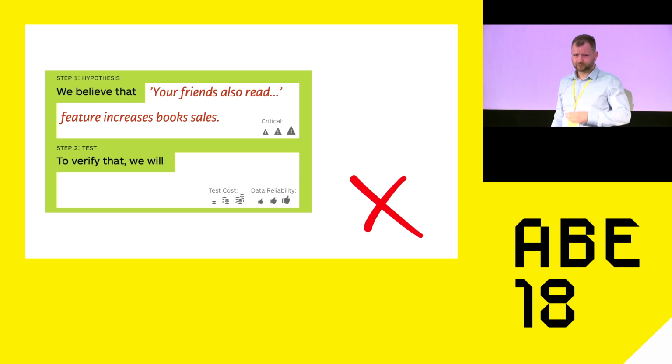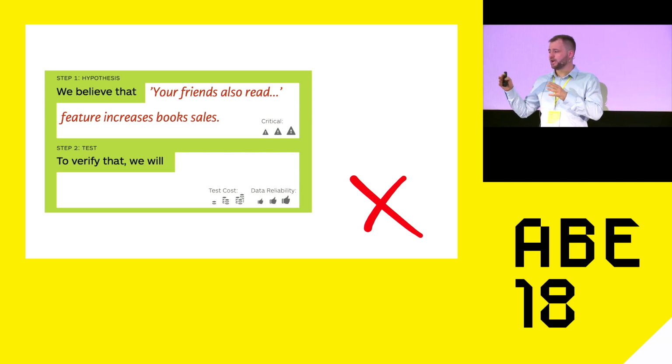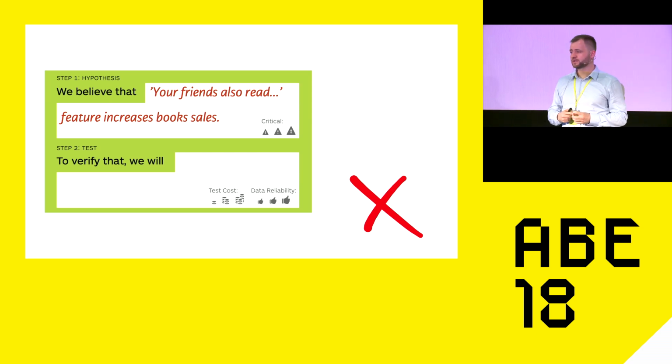So the first one, let's introduce a bit different product. We believe that seeing what your friends also read increases book sales. If we have an e-commerce online bookshop, and we are selling books, I think if we introduce a feature that lets me see what my friends read, sales would increase.